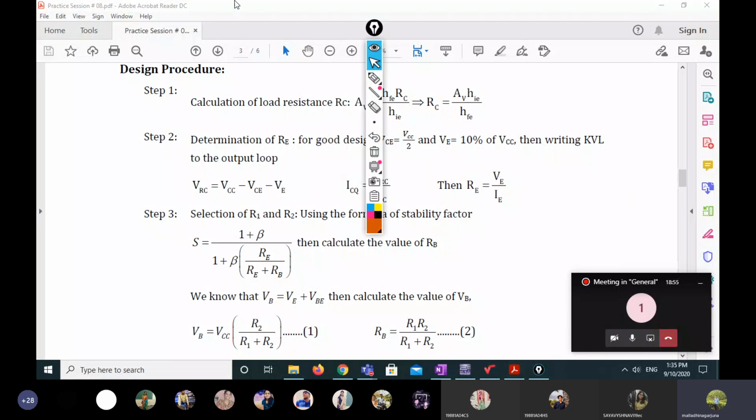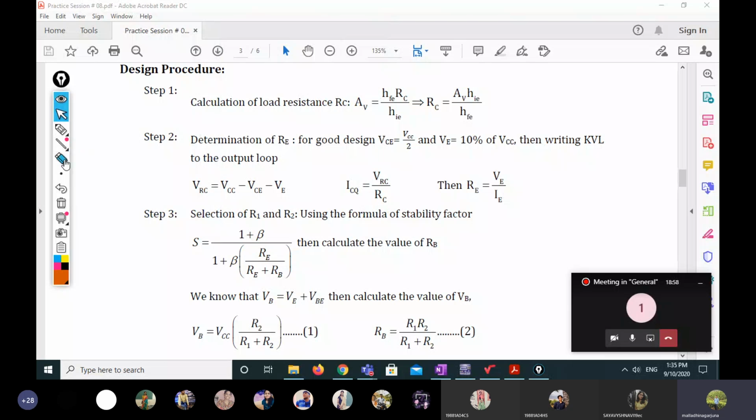So AV equals AI into ZL divided by ZI is the formula.